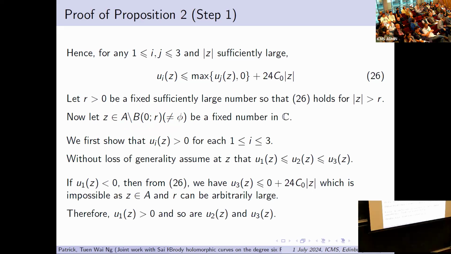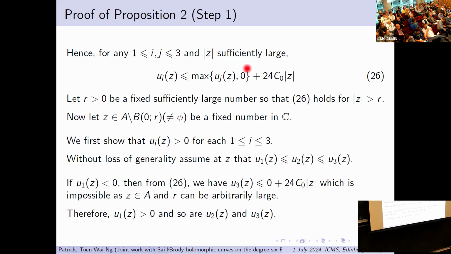And for this point, any point in this set, we are going to prove that all the u_i would be positive. We may assume u1 is less than or equal to u2 and so on at this point. Now suppose u1 is negative at this point.